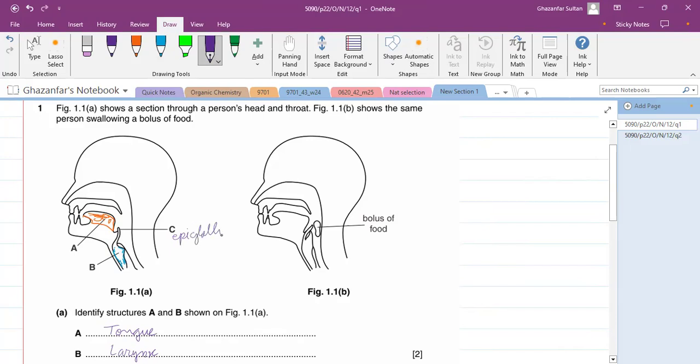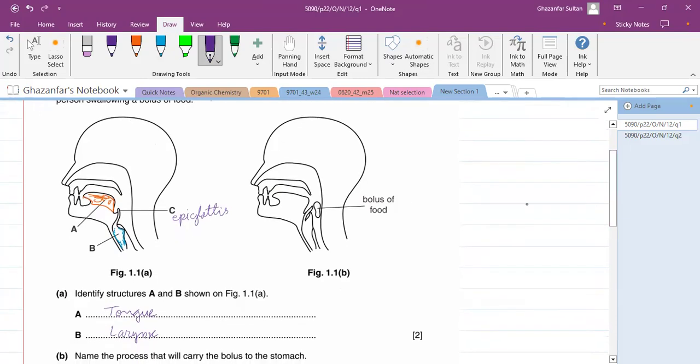And what is its function? This epiglottis actually closes the windpipe. And the bolus is made by tongue and the teeth, the mastication process that occurs in the mouth. And then this bolus goes down the esophagus.